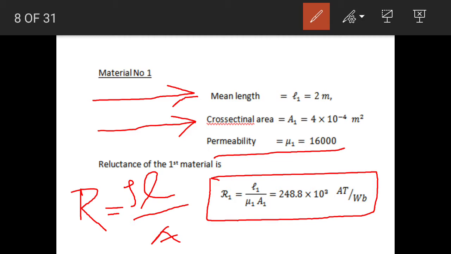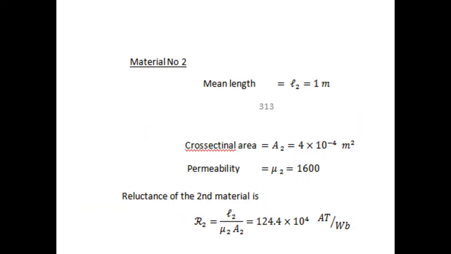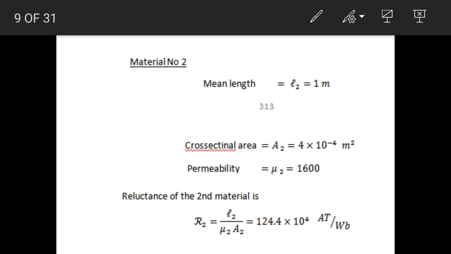And we know that resistance is analogous to reluctance. Resistance in an electrical circuit opposes the electrical current, while reluctance in a magnetic circuit opposes the flow of magnetic flux. So let us consider material number 2, which is in series with material number 1.